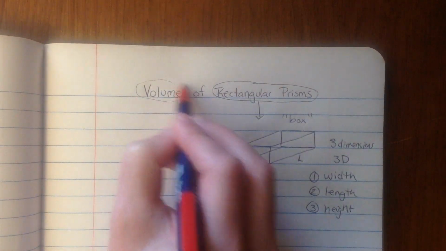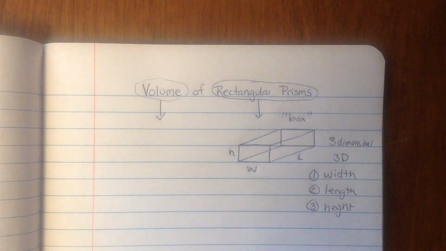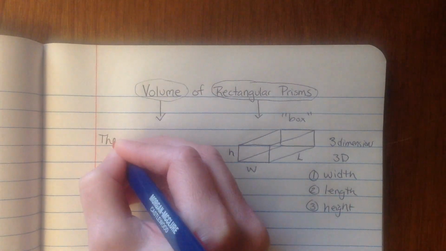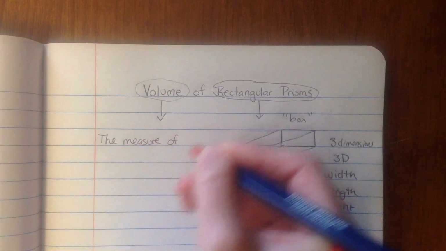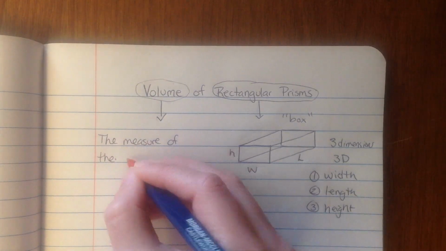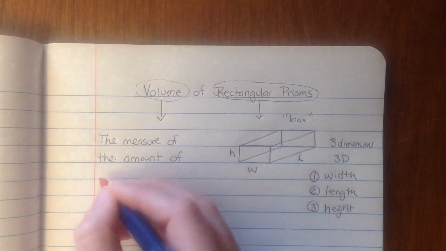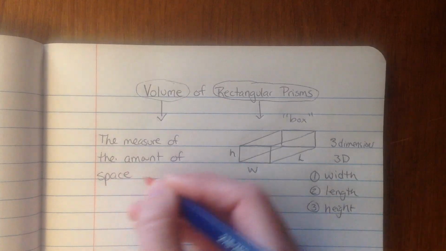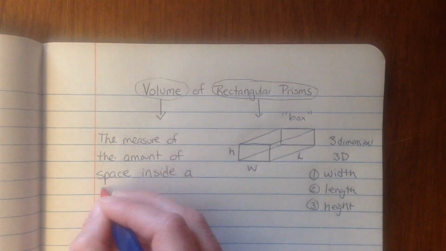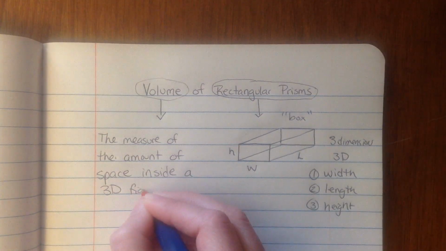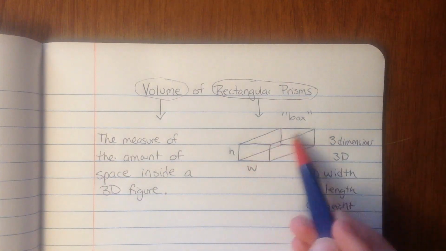Now we're going to talk about what does it mean to find the volume of something. So volume is defined in this way. Volume is the measure of the amount of space inside a 3D figure. And so we're talking about how much is going on the inside of this box.